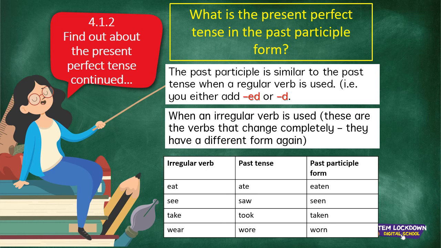Take in the past tense is took, but in the past participle form it is taken. He has taken his books back to the library. Wear in the past tense is wore, but in the past participle form it is worn. He has worn those clothes before.